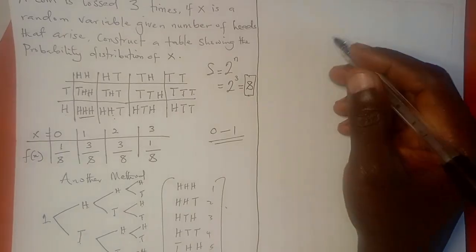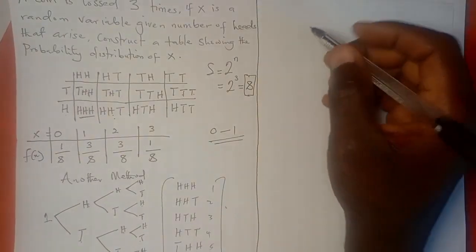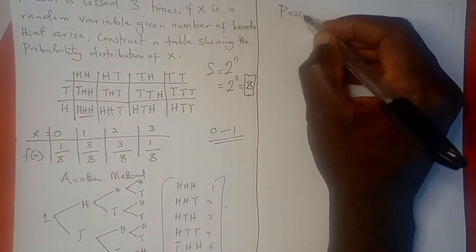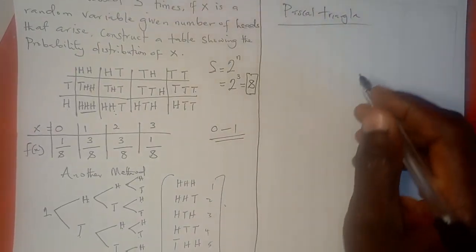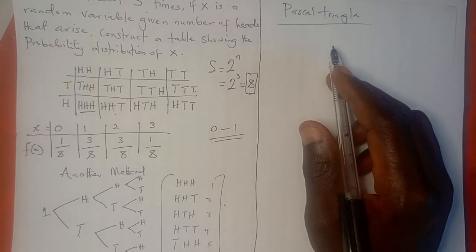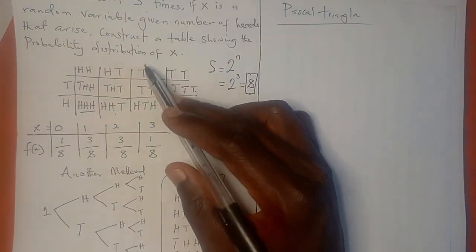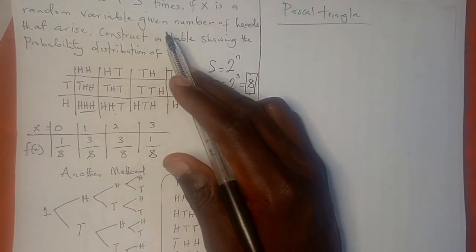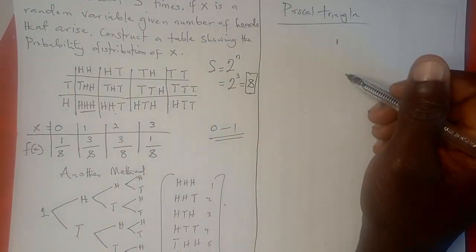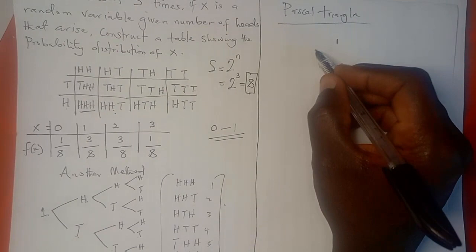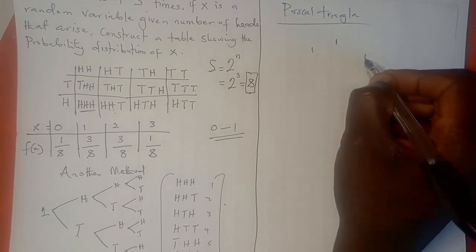And the third way of getting the probability distribution is to use Pascal's triangle, because this agrees with binomial distribution. We can use Pascal's triangle to get the probability distribution of this coin that is tossed 3 times. A coin is tossed 3 times. The first time we have 1, 1.